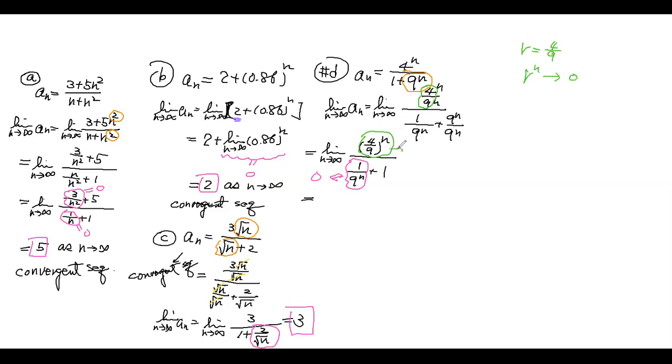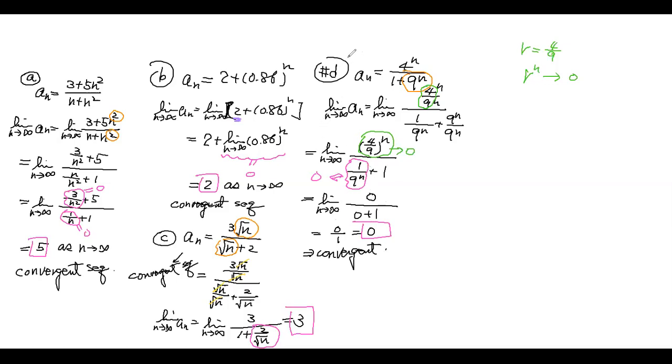So the top approaches 0 as well. So this is 0 over 0 plus 1, which equals 0. This is also convergent, and it is converging to 0. Okay, very good.